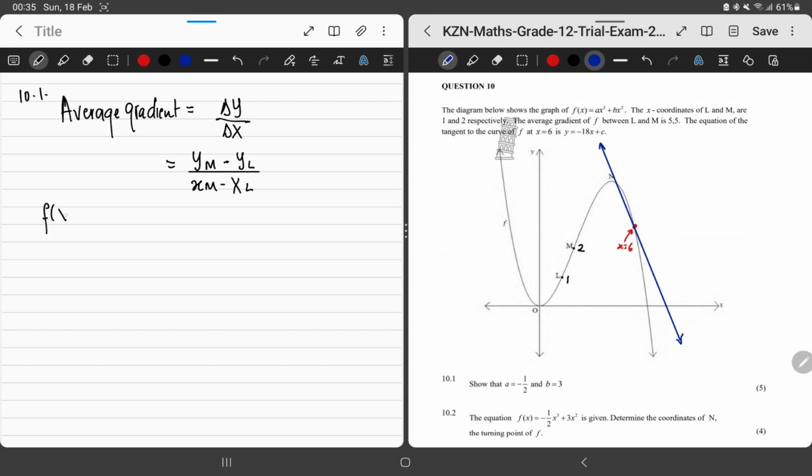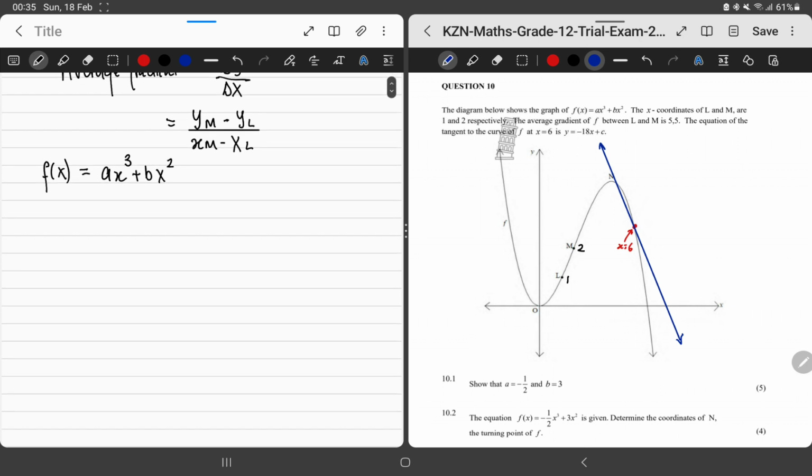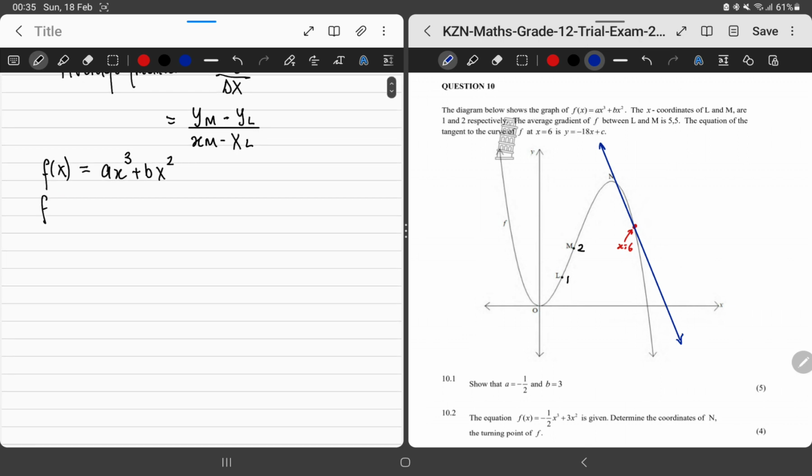I am given f of x equals ax cubed plus bx squared. I know that the x value at L is 1, so I'm just going to substitute that. This is a times 1 cubed plus b times 1, which should be the y value at L. This means that the y value at L is a plus b.